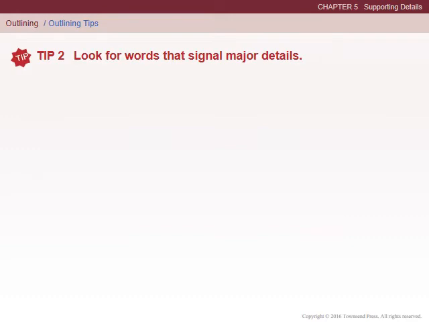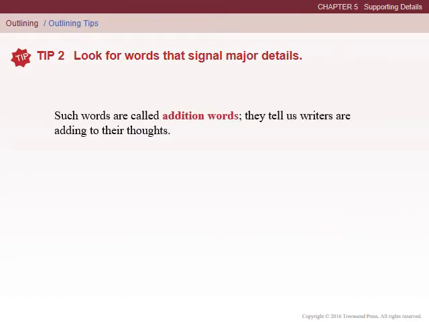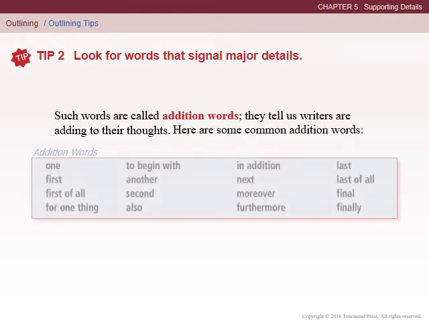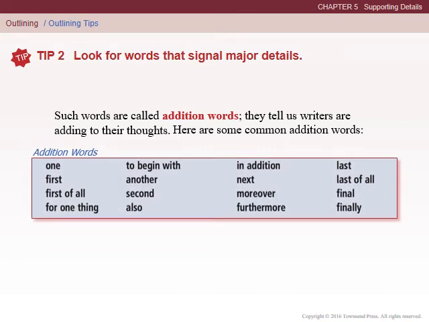The second tip is to look for signal words, which are called addition words, and these ones tell us the major details. So some of the common addition words are these ones, and we noticed in the paragraph that we looked at that all of them started with one of these words.